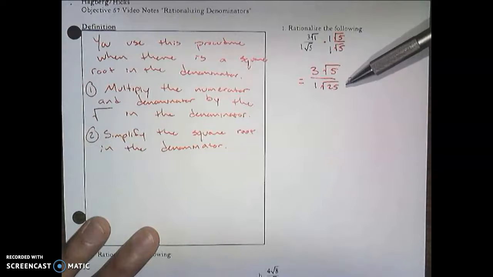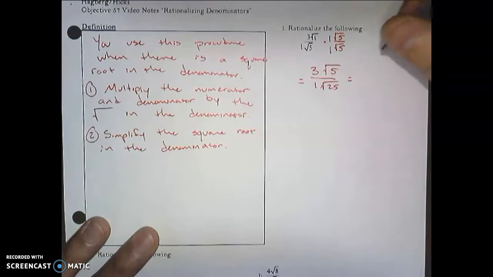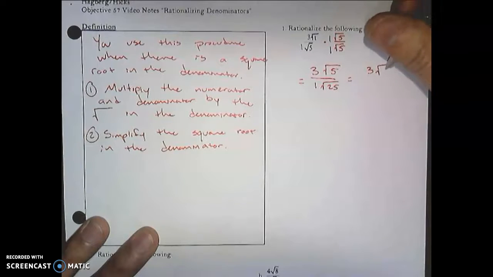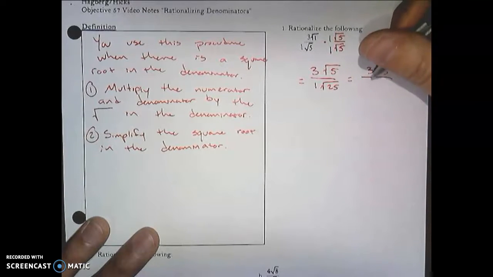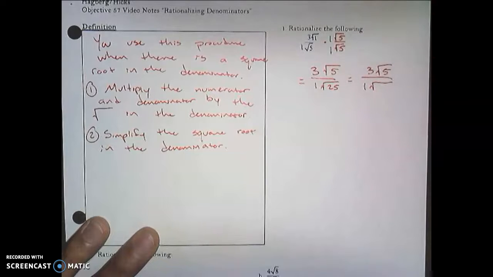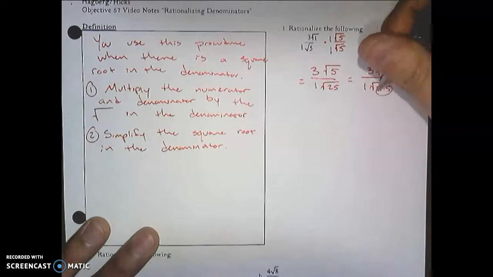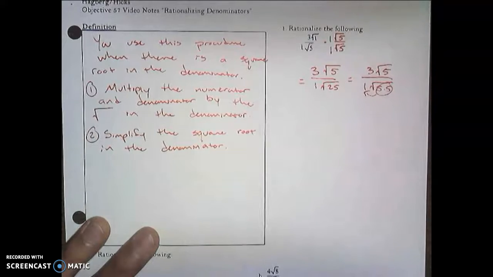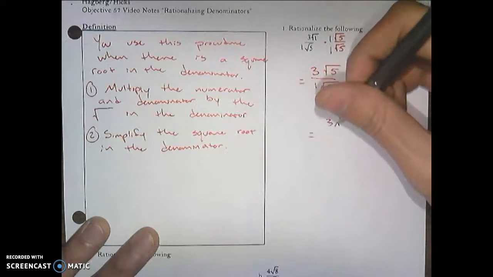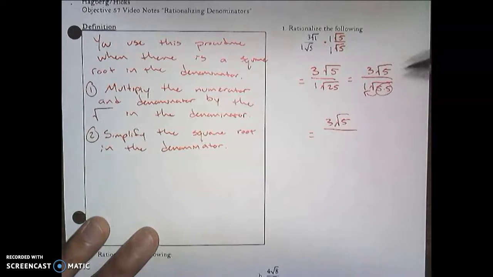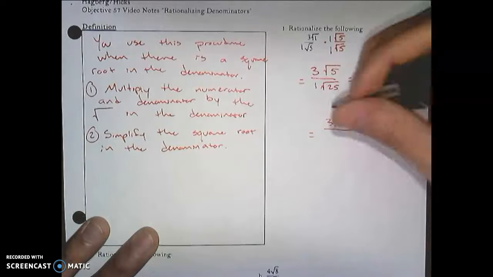So what times itself gives us 25? Well, that's 5. But in case you didn't, we can always do the jailbreak method. The top, we're not going to touch for now. We're just going to leave that as 3 root 5. On the bottom, we have 1 times, well, 25 can be broken down into 5 times 5. We've got our pairs, so we can bring that out. So then we have, again, on the top, 3 root 5 over 1 times 5, which is just 5.